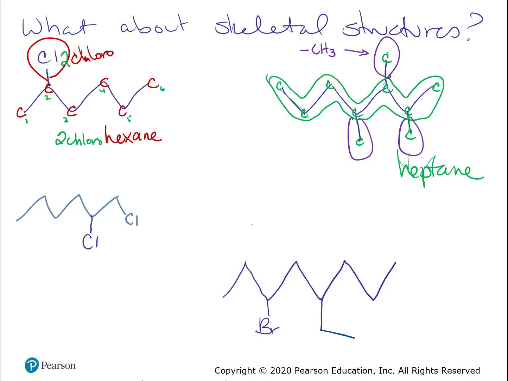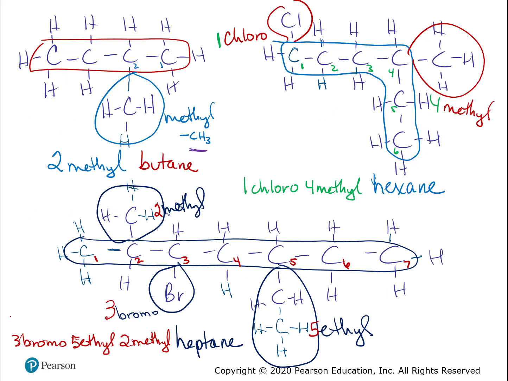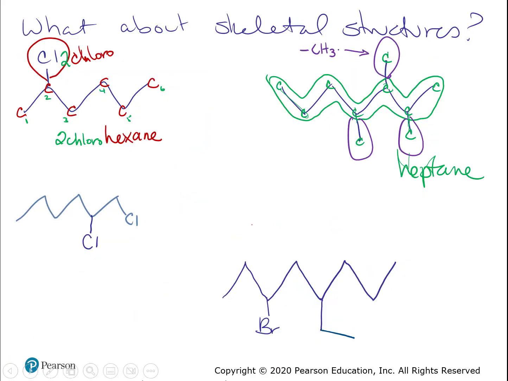Methyls. So CH3, this is a methyl. But then what about this one? That's a methyl too. And this one? That's also a methyl. So I have 3 methyls.